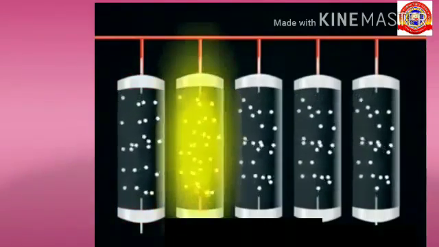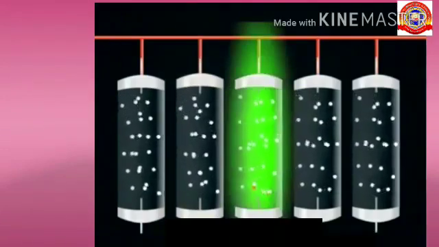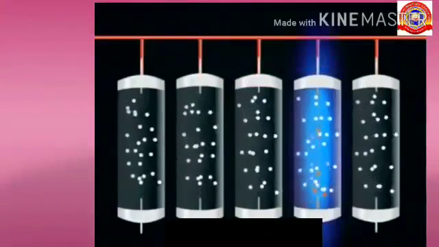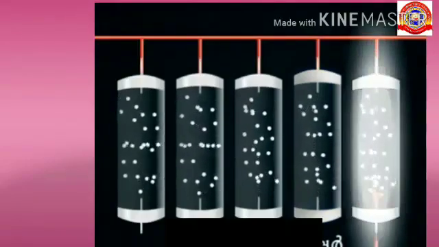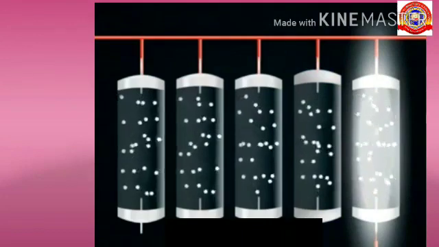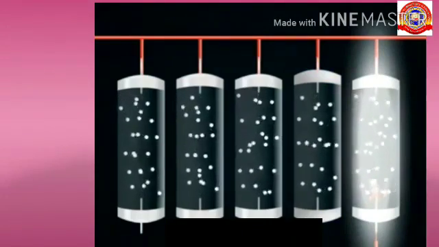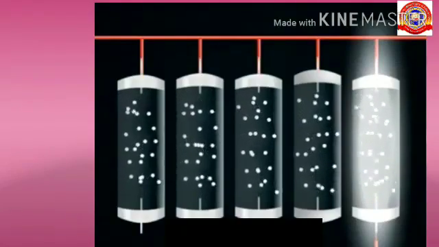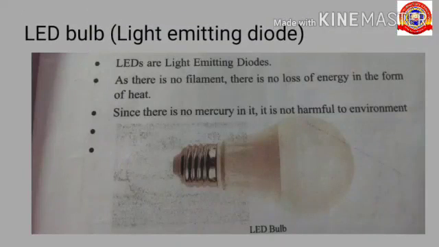In the case of sodium vapor, yellow light is obtained. If we fill chlorine gas, green color is obtained. In the case of hydrogen, blue light. If we fill mercury inside the lamp, we will get white light. And if we fill neon inside the glass tube, we will get orange red color. Okay. So the color of the light depends on the gas inside the discharge lamp.